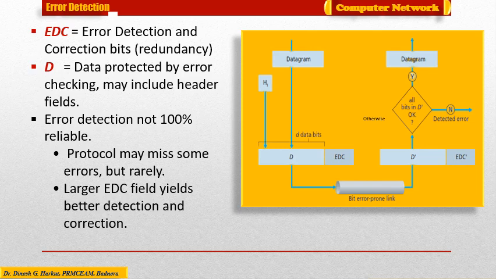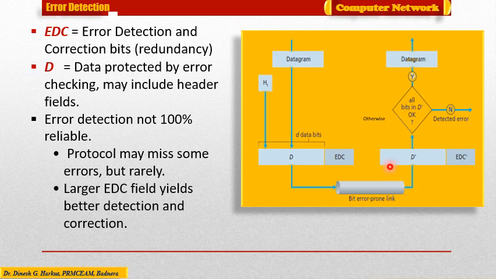Generally, more sophisticated error detection and correction techniques, that is those that have a smaller probability of allowing undetected bit errors, incur a larger overhead. More computation is needed to compute and transmit a larger number of error detection and correction bits.